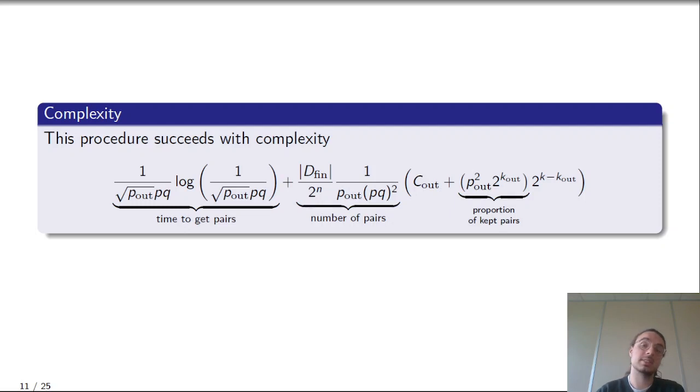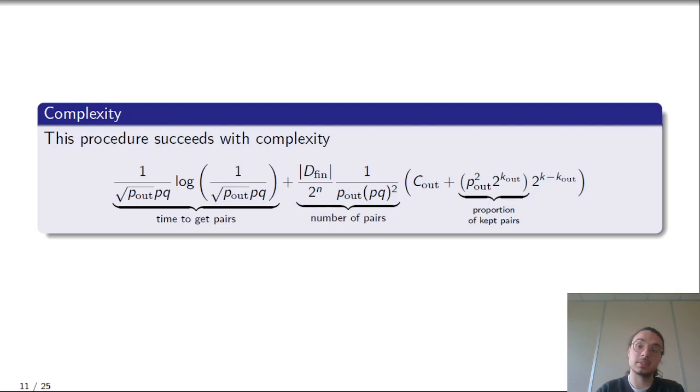Then this attack succeeds with that complexity, and it is computed with the different steps of the attack. The first step is mainly sorting the elements. This is why we get the size of the structure multiplied by the log of it.